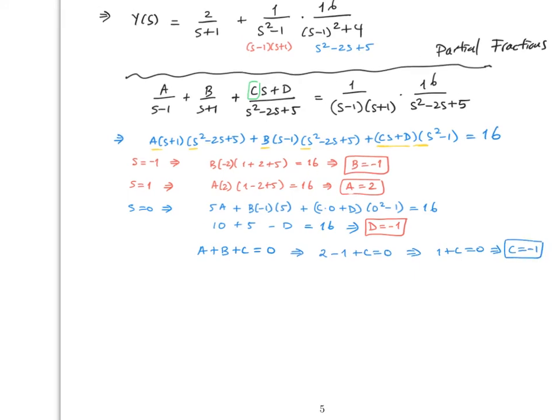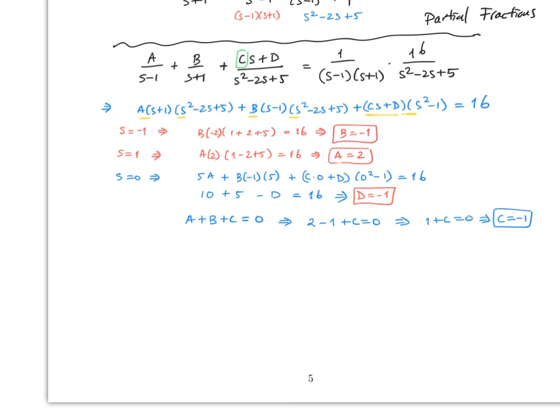All right, so this is what we have so far. The value for A was 2, so we have 2 over s minus 1. The value for B was -1, and this is s plus 1.